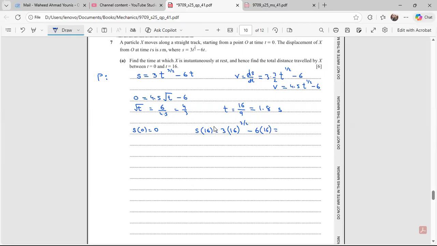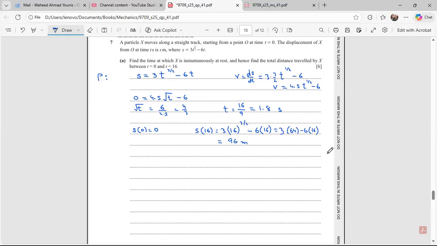Now, 16 square root is 4, and 4 cubed is 64, so 3 times 64 minus 6 times 16. So this all comes out to be 96 meters. So this was part A of this problem.